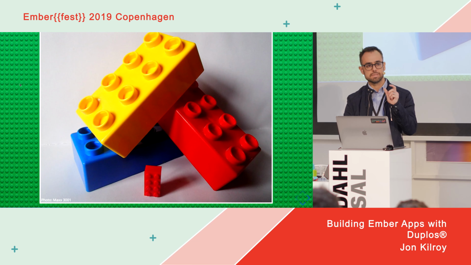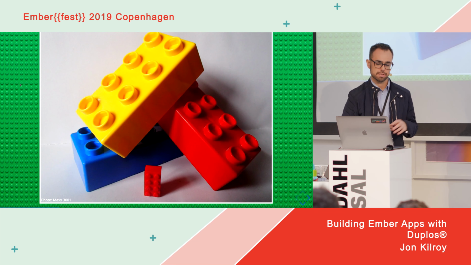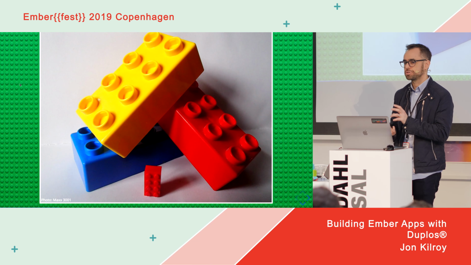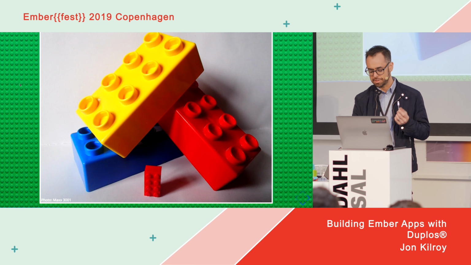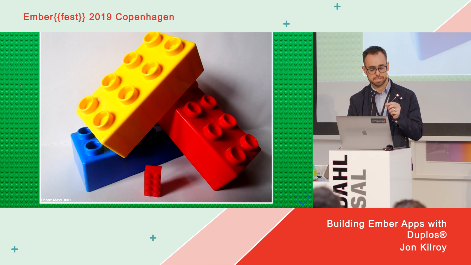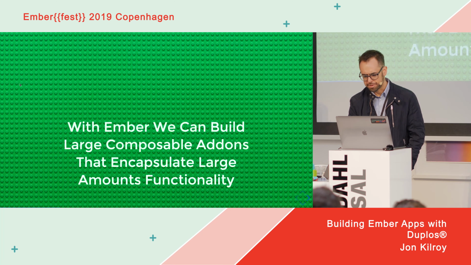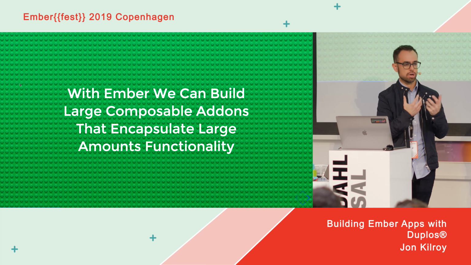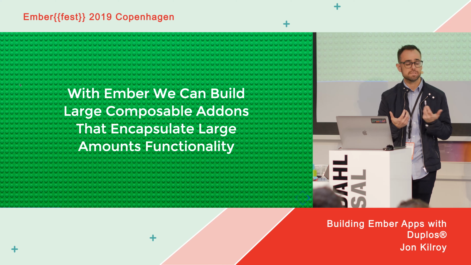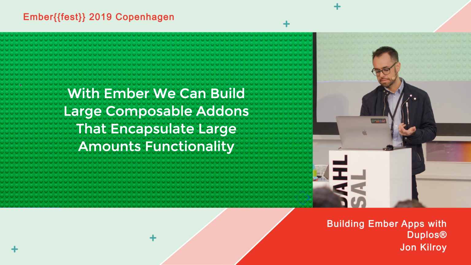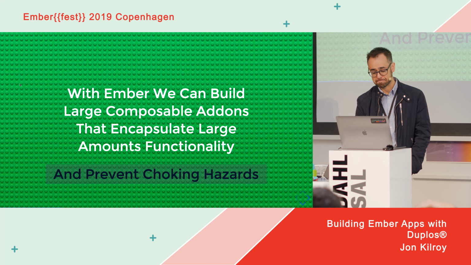It is a brick that's 2 times the height, width, and depth of your standard Lego brick. And it was to help small children handle the pieces well and prevent choking, because a lot of those pieces can be small. And with Ember, we can actually encapsulate large swaths of functionality into an add-on and maybe even prevent choking.